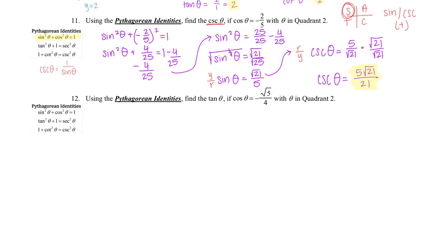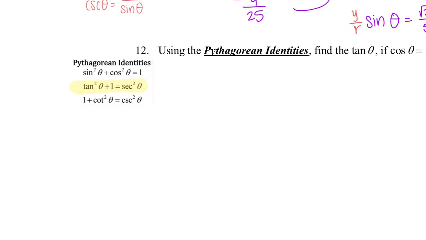Using Pythagorean identities, find tan theta if cosine theta equals negative square root of 5 over 4, with theta in quadrant 2. Looking at this, cosine, I'm trying to get tan. For this one, I'm going to go ahead and use the second identity. Why? Because cosine theta and secant theta are inverses.